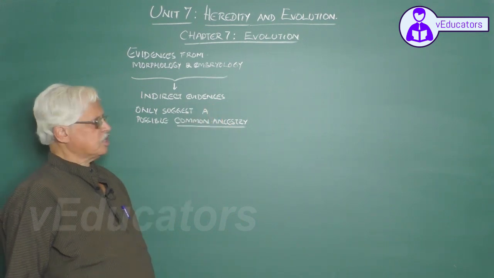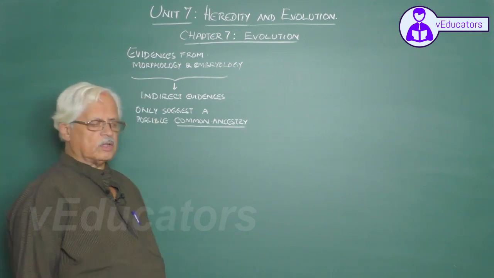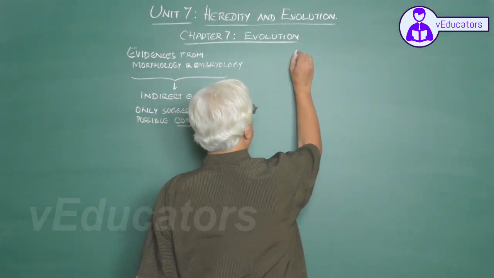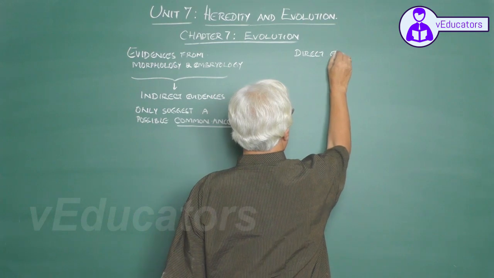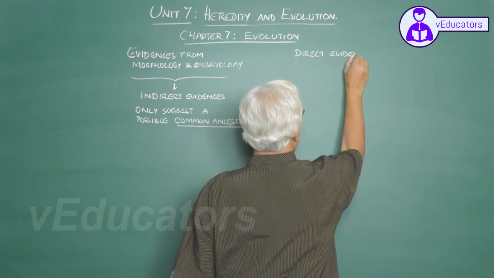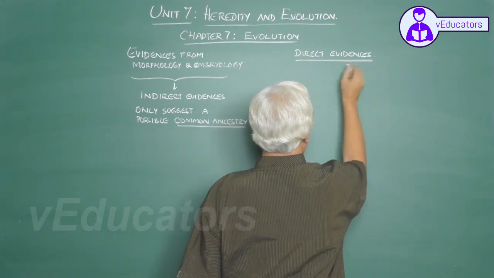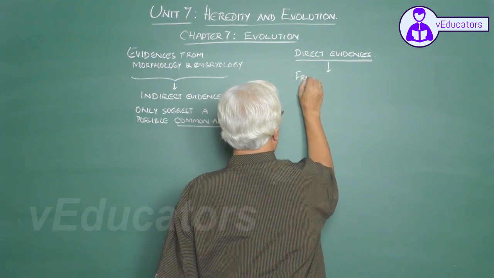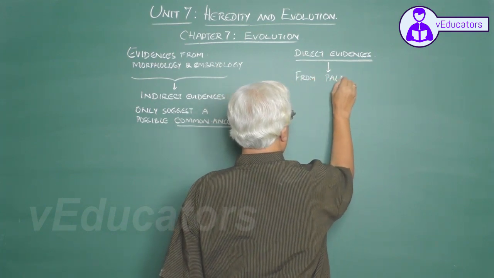Then naturally a question arises, are there not direct evidences to show that evolution has taken place? There are direct evidences. Direct evidences, and these direct evidences come from a branch called paleontology.